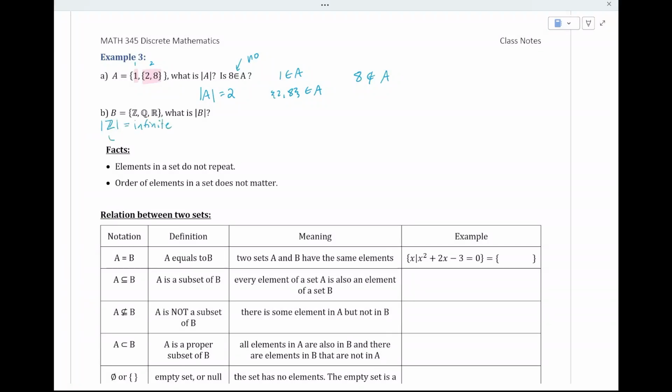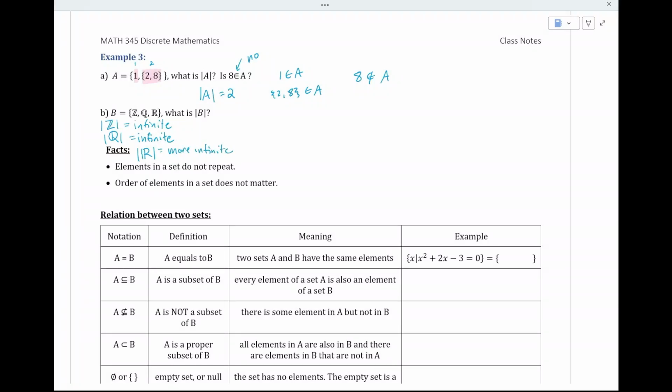What about rational numbers? Also an infinite number of those. What about real numbers? There's an infinite number of those, but there's more of those than the other two. More infinite.